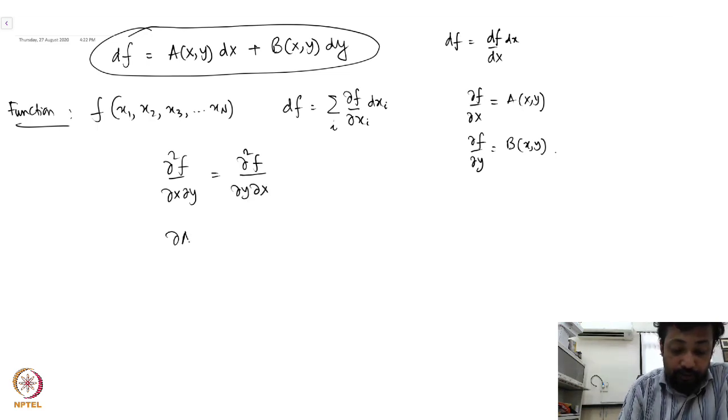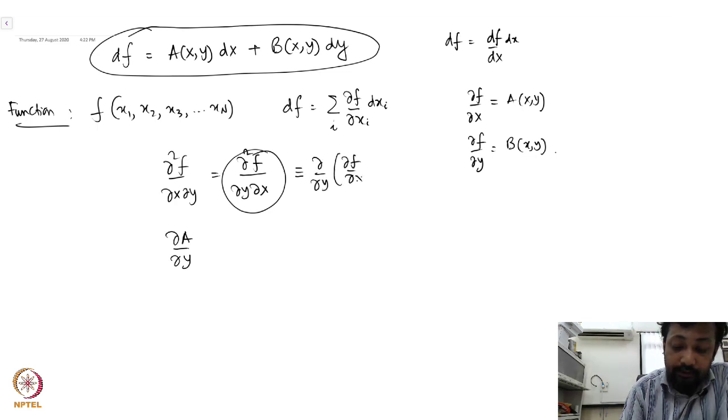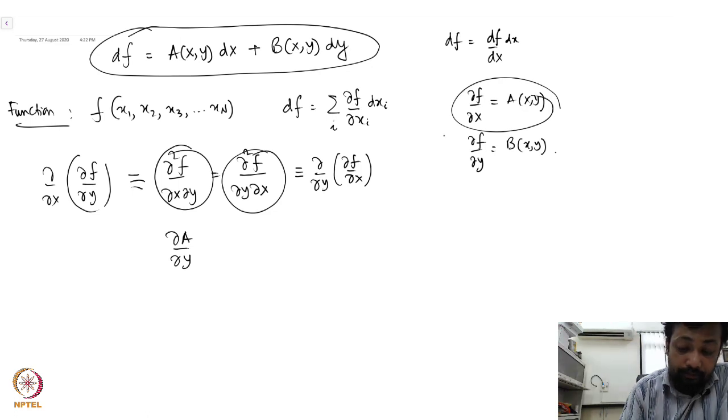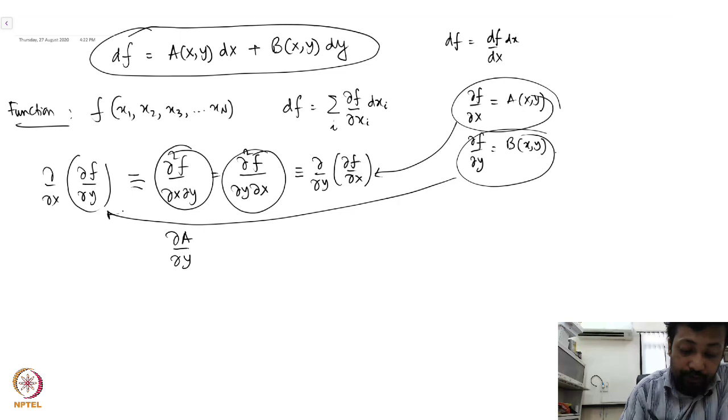So del a by del y is del y of del f by del x, and del b by del x is del x of del f by del y.